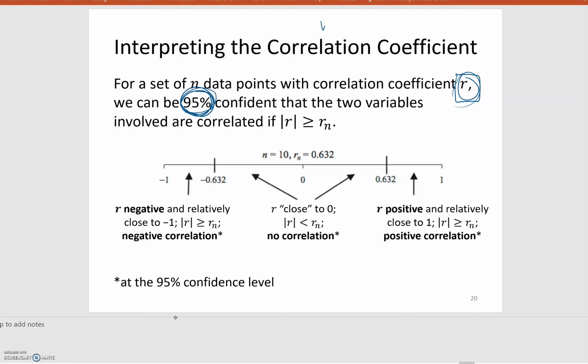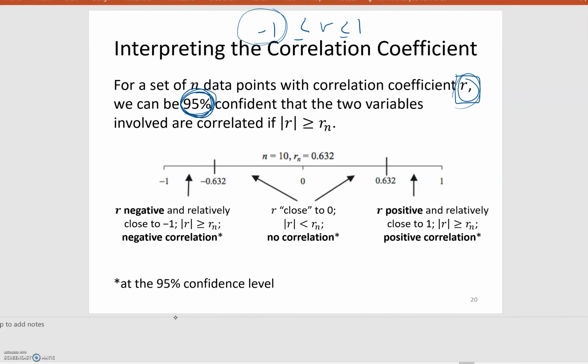So R is less than or equal to 1, but greater than or equal to -1. If we're over in the realm of negative numbers, then we're talking about negative correlation, and these things have specific pictorial understandings, which we'll look at in just a moment. Negative correlations are over here, and this is perfectly positively correlated.